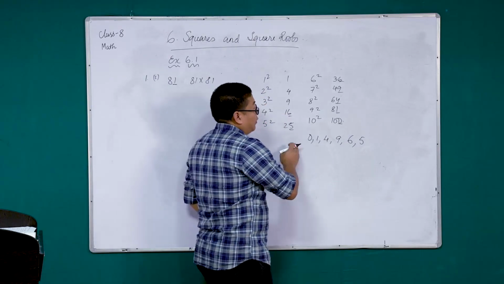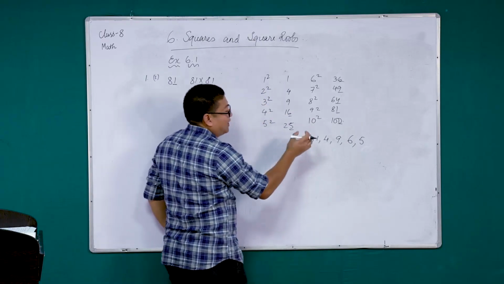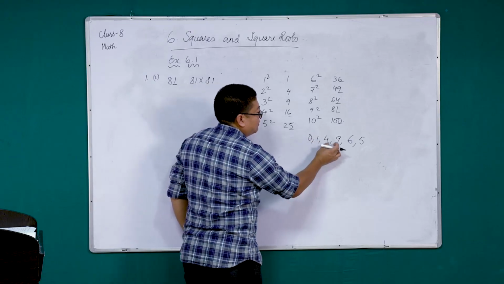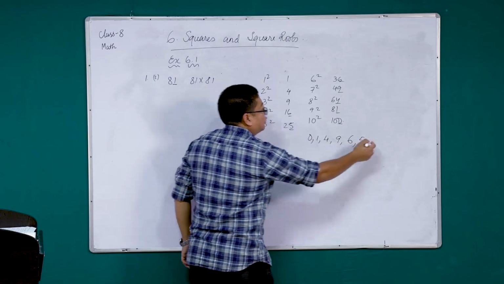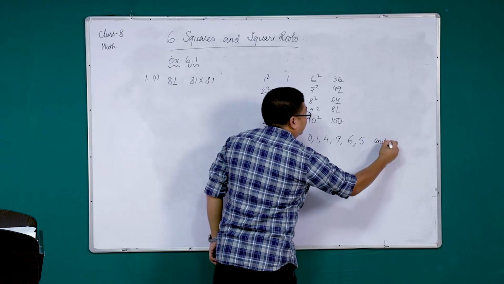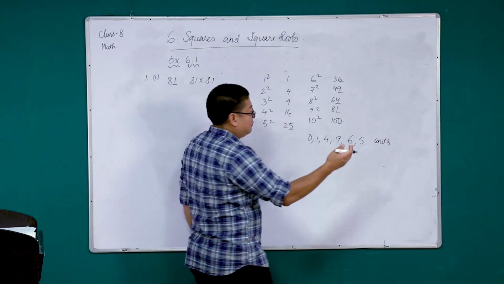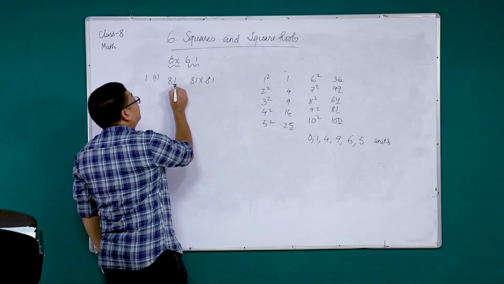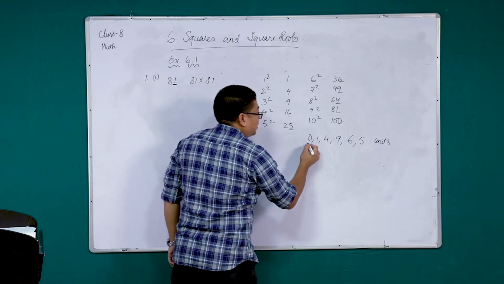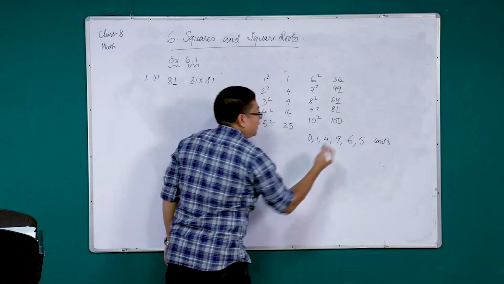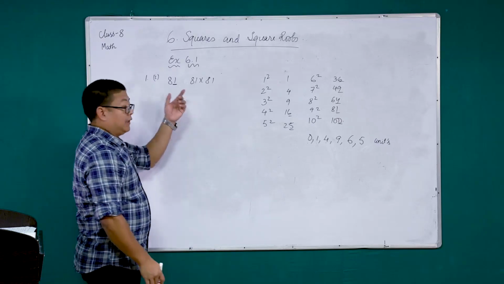From this property, we know that if a number is ending with 0, 1, 4, 9, 6 or 5 in its unit place, or you can say the last digit, it is a square.